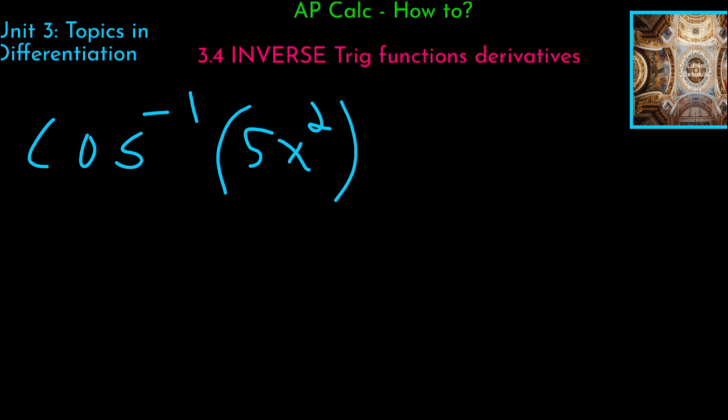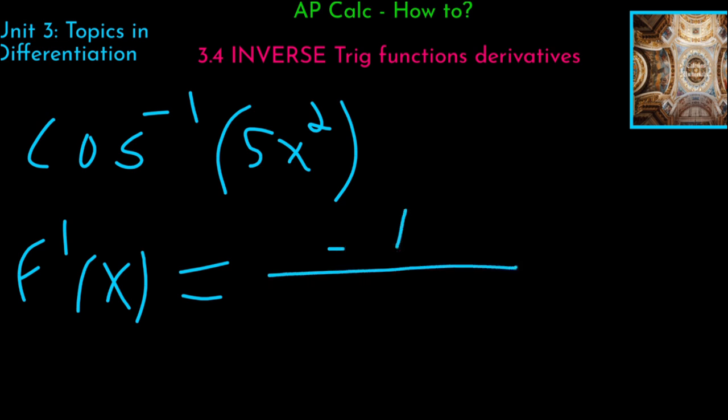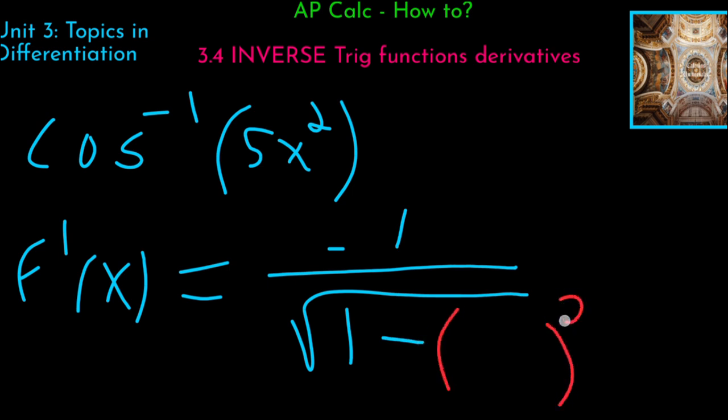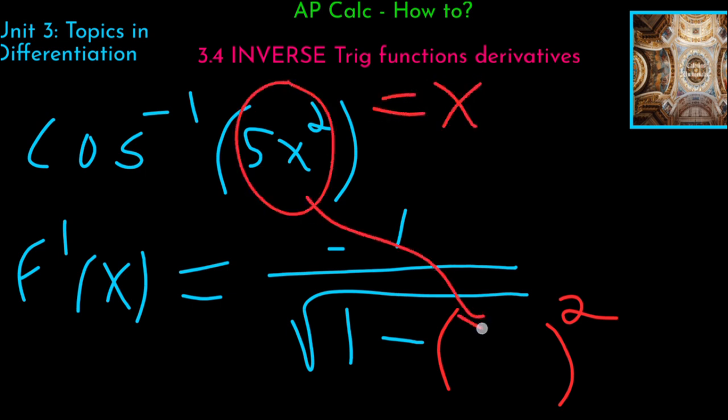You can go ahead, pause the video, and try it. Alright, so f prime of x is going to be equal to negative 1 over square root of 1 minus the inside of the function squared. That inside is 5x squared, and it gets plugged right into there.